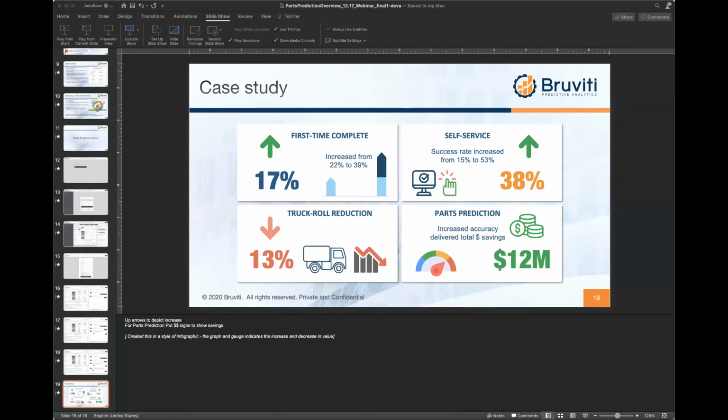If the consumer does call, we also have the ability for a handoff, where the chatbot collects that information and hands it off to the agent, who can pick up from where the chatbot left off. Tom, you want to add to that?